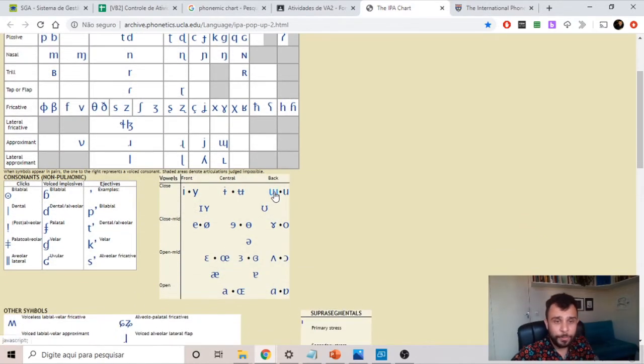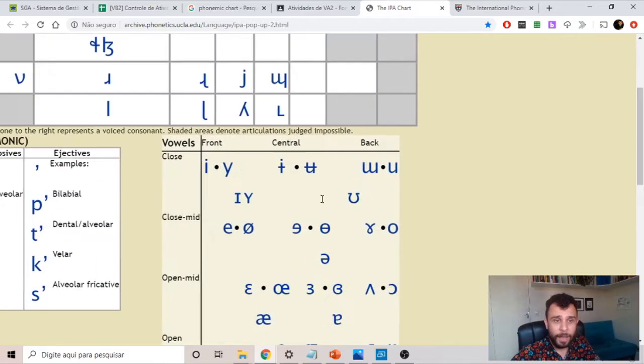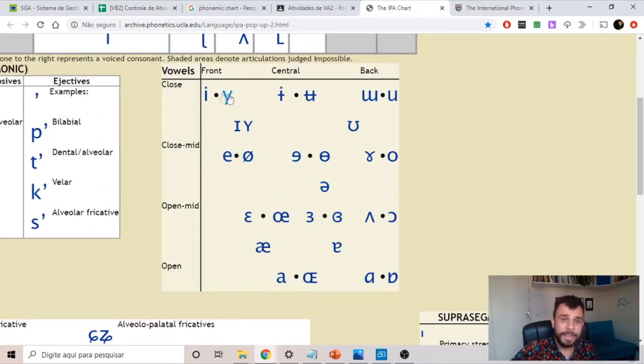Now look what happens with the vowels here. How are they classified? They are classified in terms of frontness or backness. And here, what happens to your jaw? If it's closed, closed mid, or open. If we were talking about the tongue position, it could be high, high mid, or low.